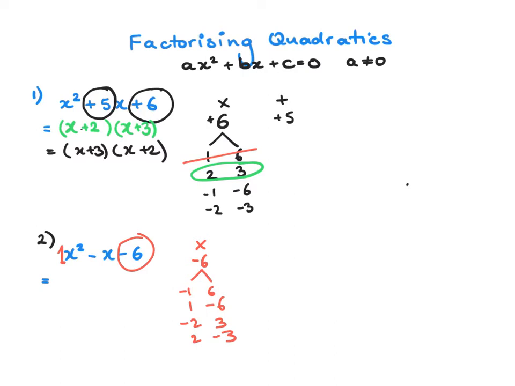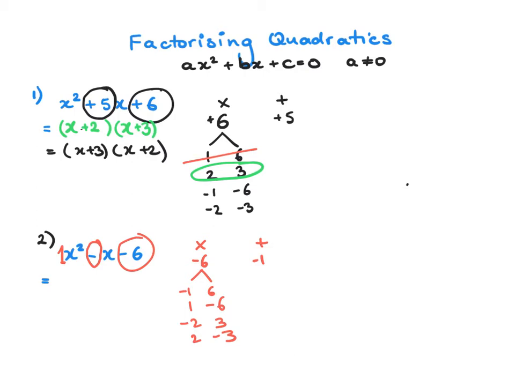So there are a few, but we do know that we have to choose the set that, when you add them together, is going to give us -1. So the coefficient of x is -1. Please remember the sign, -1.